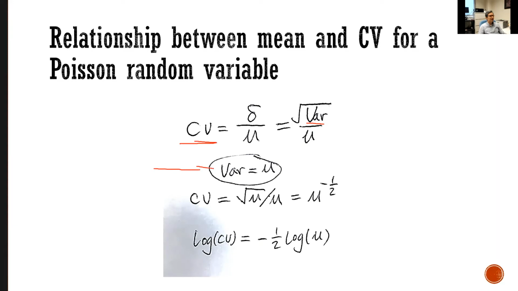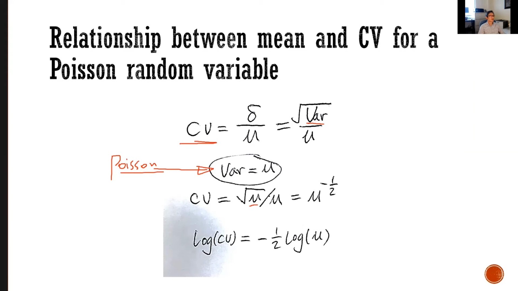Under the assumption of the Poisson distribution, the Poisson distribution has a property that the variance and the mean are the same. So if you assume your data follows the Poisson distribution, then we can replace the variance with the mean.